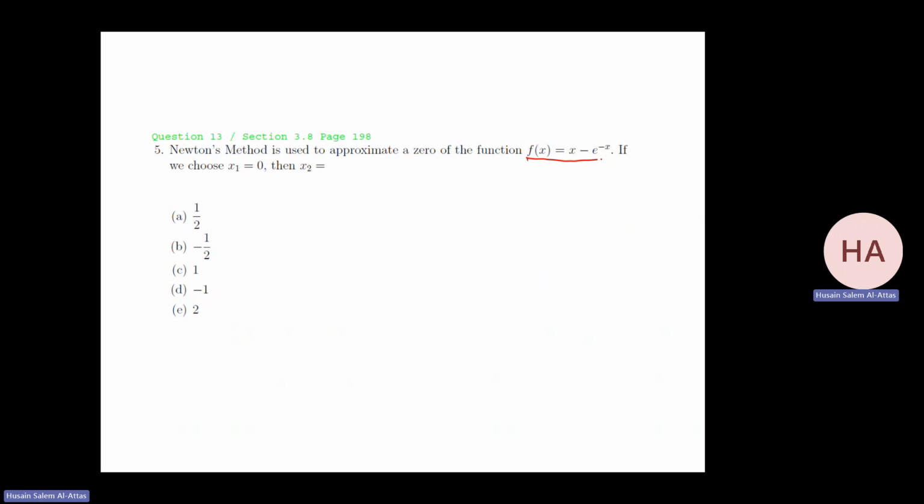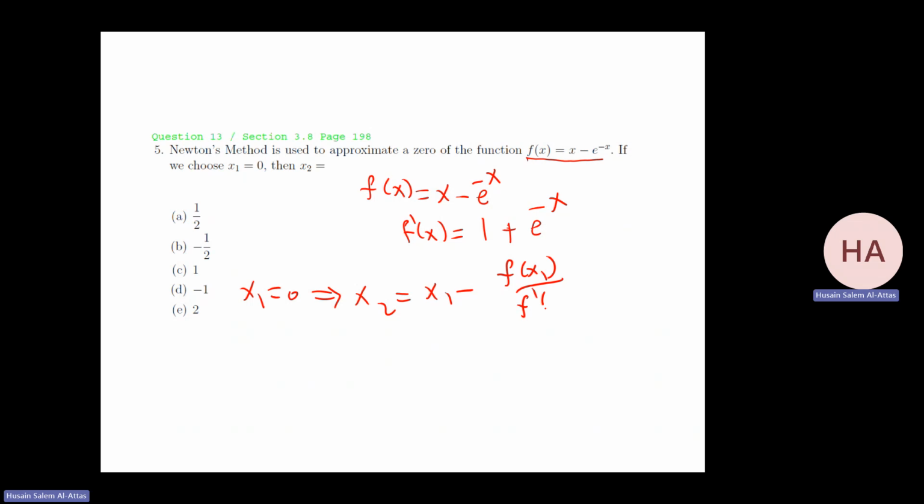This is f of x. And you want f prime. I need f prime to do the calculation. He started with x1 equals 0. He wants x2. It will be x1 minus f of x1 over f prime of x1. That will be 0 minus.